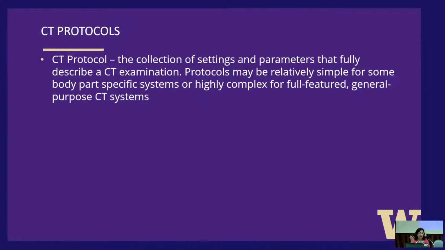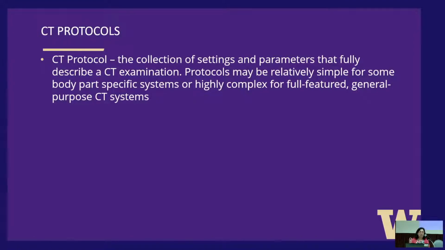Protocols may be simple, non-con head, one maybe a 5mm reformat, and that's it. Or it might be a 3 or 4 phase liver, which requires sagittal cuts, coronal, all kinds of reformatting you have to do at the back end. So it could be a very simple protocol, a very complex protocol for full-featured general-purpose CT systems.